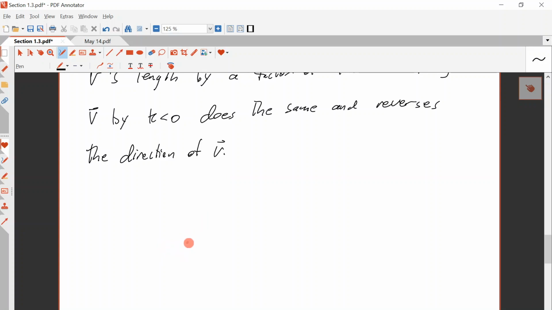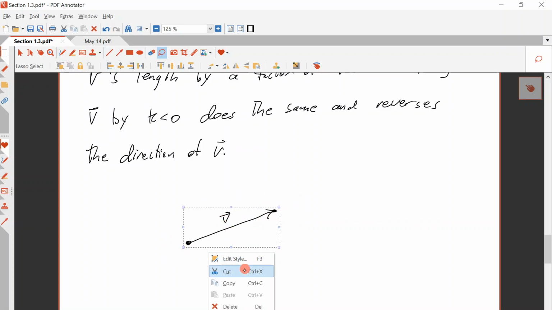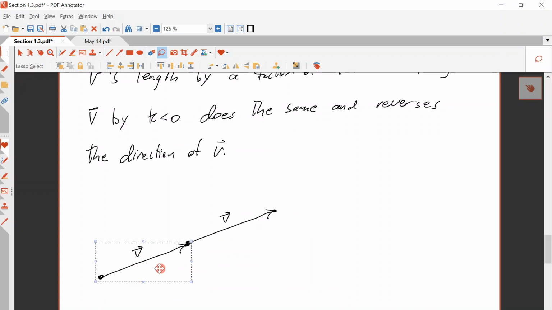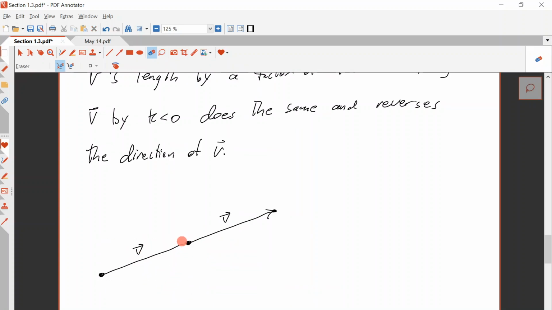So the picture would look like this. If this is vector v, then vector minus v would be this.